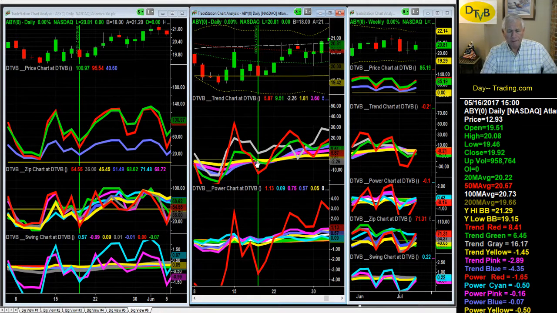When I'm comparing a bottlenose, I'll often think of it as a notch down pattern, whereas here the middle line of the power chart went up instead of going down like in a bottlenose pattern. So you might think of this as a BOC lower pattern, which is again the start of a downtrend.